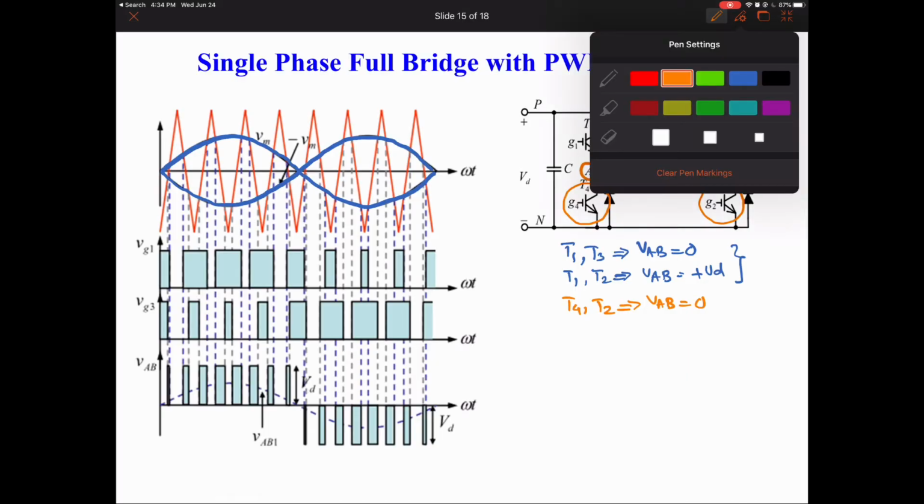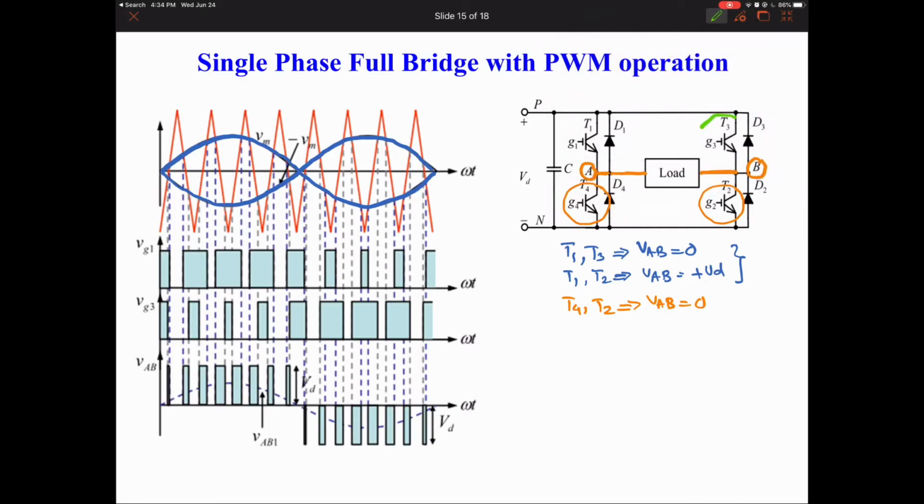But if you turn on switch 3 along with switch 4, point B will be connected with the positive terminal and point A will be connected with the negative terminal of the source. So your load voltage will be equal to minus VD, and this polarity is opposite with respect to the previous one. So if we turn on T3 and T4, our load voltage VAB will be equal to minus VD.